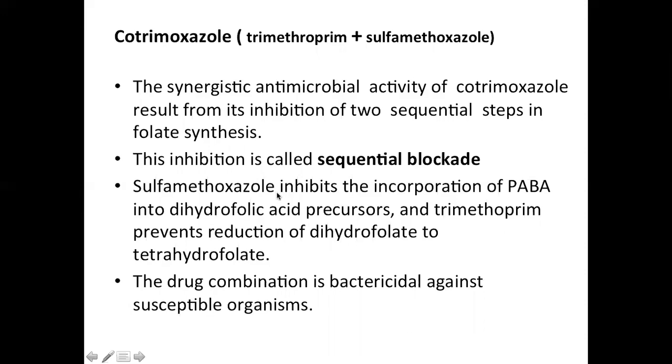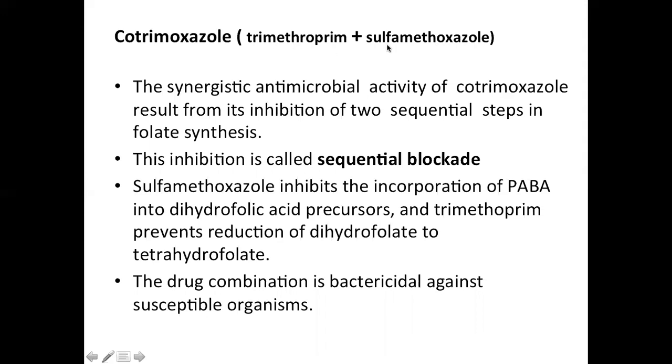So what do you mean by synergistic antibacterial activity? When we say they have synergistic activity, it means that when both drugs are combined, their antimicrobial activity is more than the effect of each individual drug alone. So for example, the antimicrobial effect of trimethoprim equals 1, and sulfamethoxazole alone equals 1.